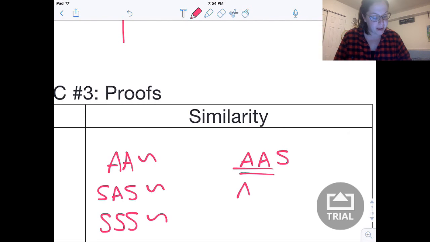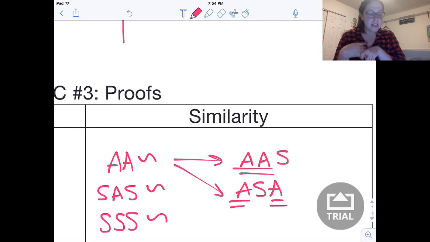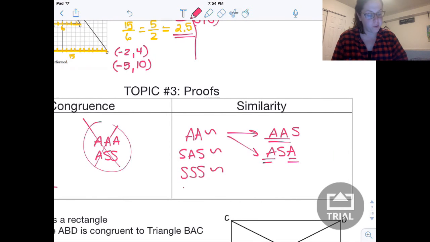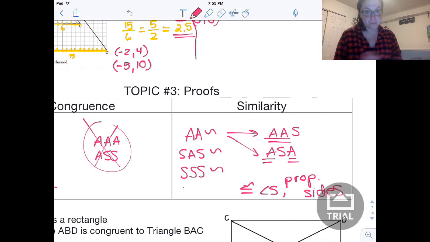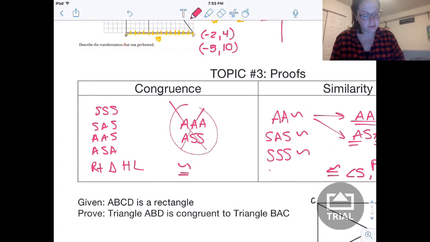Guess what? That's angle, angle. So these are taken care of in that. But again, angle side side does not work. And remember that here we're looking for congruent angles, but proportional sides, not congruent sides. Here, we're looking for congruent angles and sides.